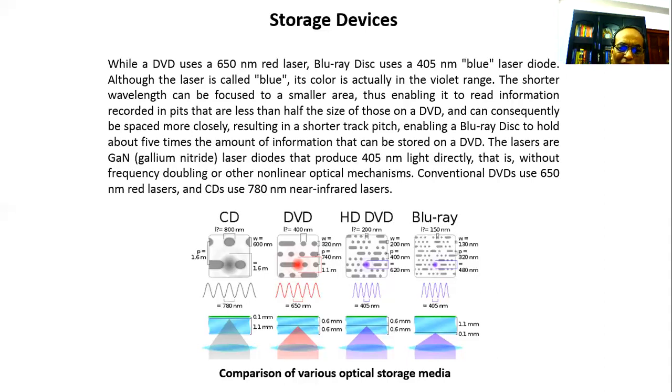For CD it is 780, for DVD 650 nanometer, and HD DVD 405 nanometer without frequency doubling, and Blu-ray it is 405 nanometer. Comparison of various optical storage media is shown in the figure.